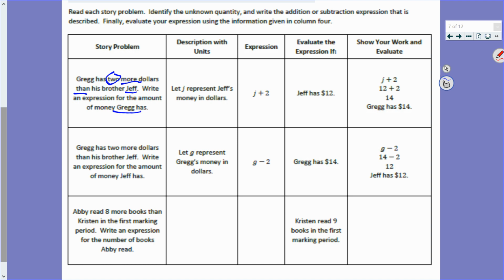If they tell me what I'm writing the expression for, they want it for Greg, meaning that what I don't know is the other thing. In this case, Jeff. Okay? So J is going to represent Jeff's money in dollars. So from Jeff's perspective, given this situation, if I'm Jeff, how much does Greg have? 2 more dollars. So that would be Jeff plus 2.